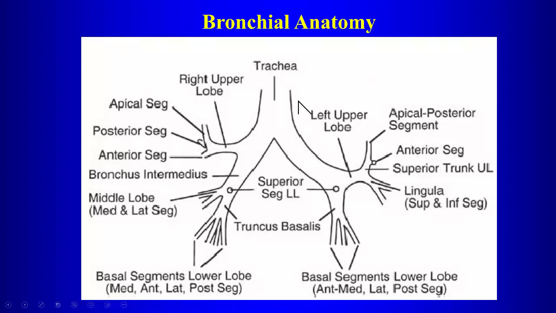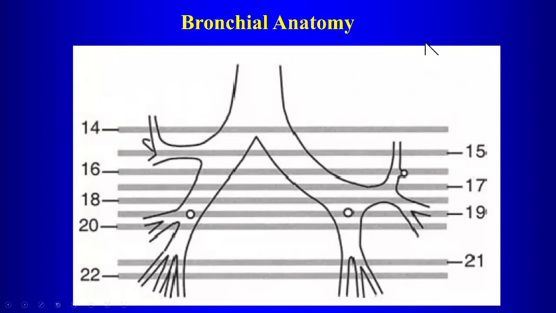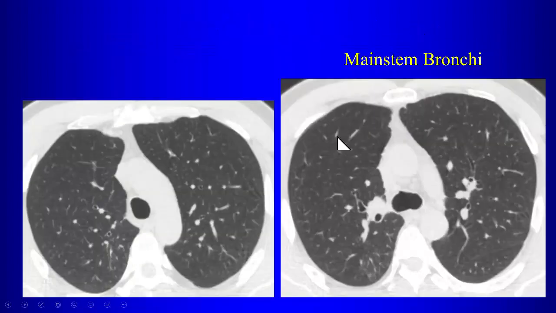So the trachea, you will be cutting in cross-section, that will appear round. The right upper lobe bronchus falls in the plane of the scan, that will appear tubular. The bronchus intermedius you'll be cutting in cross-section, that will be round, and so on. Same thing with the lingular bronchus and the right middle lobe bronchus, they tend to fall within the plane of the section. So the bronchial anatomy we need to know.